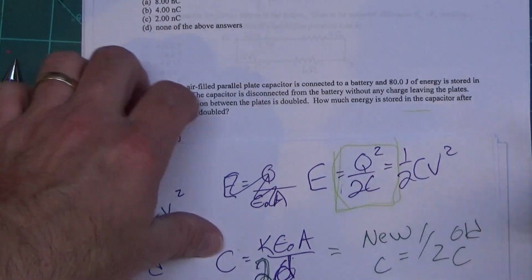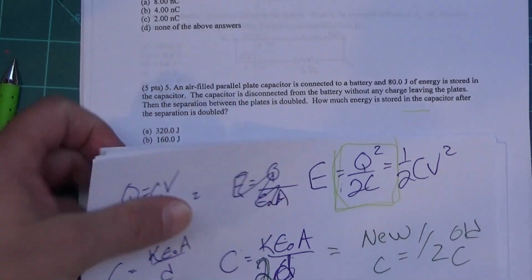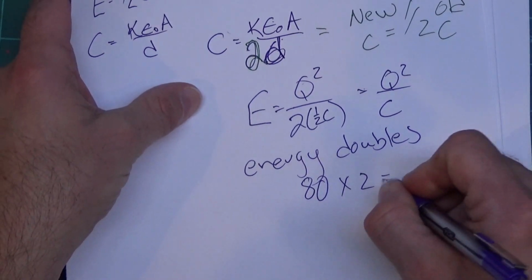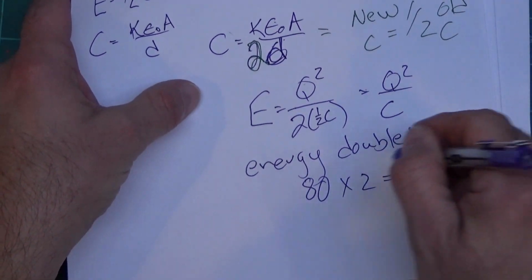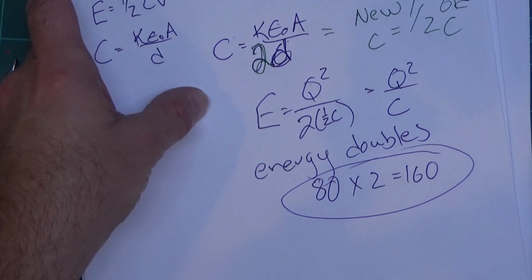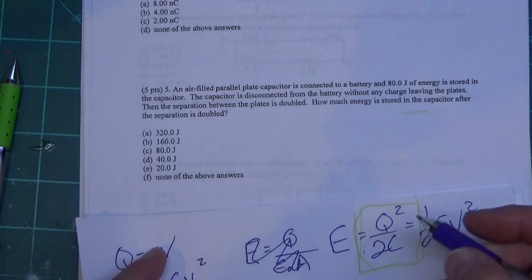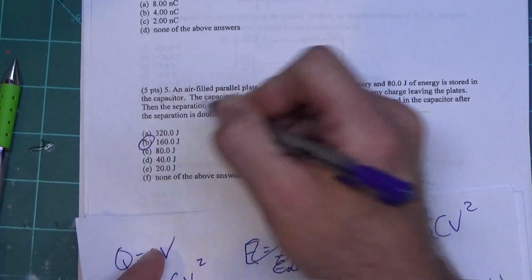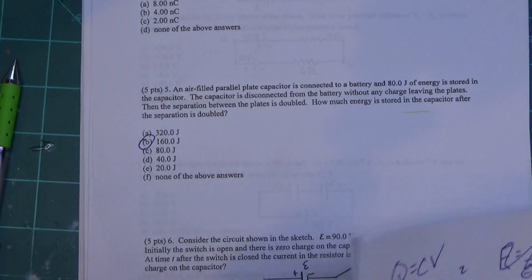And we originally had 80 joules, so we have 80 times 2, which is 160. So there you go. We now have 160 joules on that capacitor, and the answer to that one should be B. Okay? So there's number 5 done.